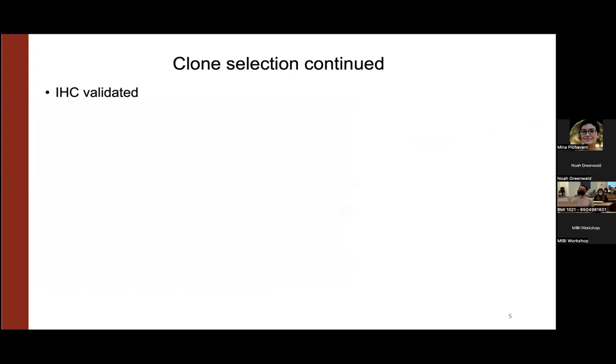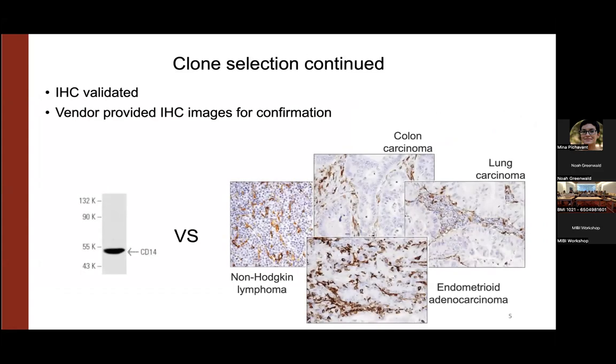So how do you select the clones from these vendors? Well, the first thing you want to do is make sure you have a starting point, and that is to select antibody clones that are at least IHC validated. Now, just because a vendor mentions that the antibody is IHC validated, the quality of antibodies can change dramatically from vendor to vendor, clone to clone, antibody to antibody.